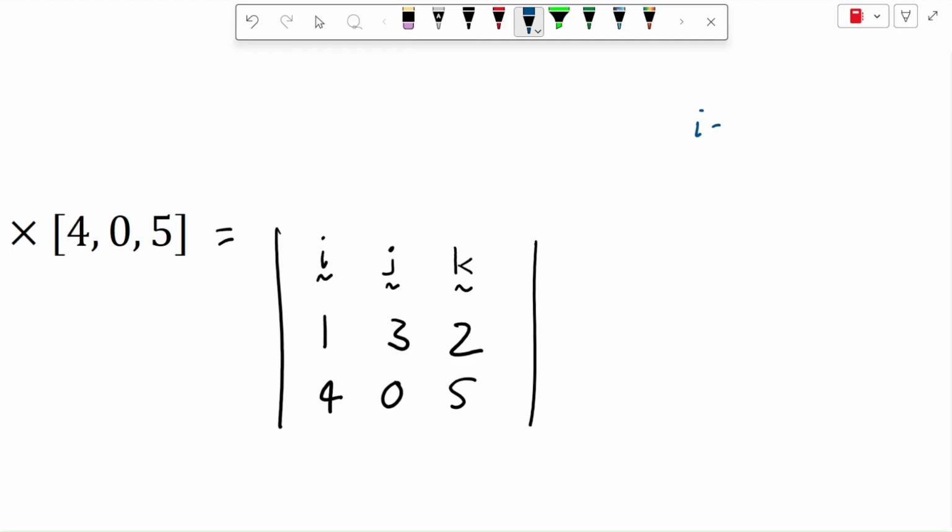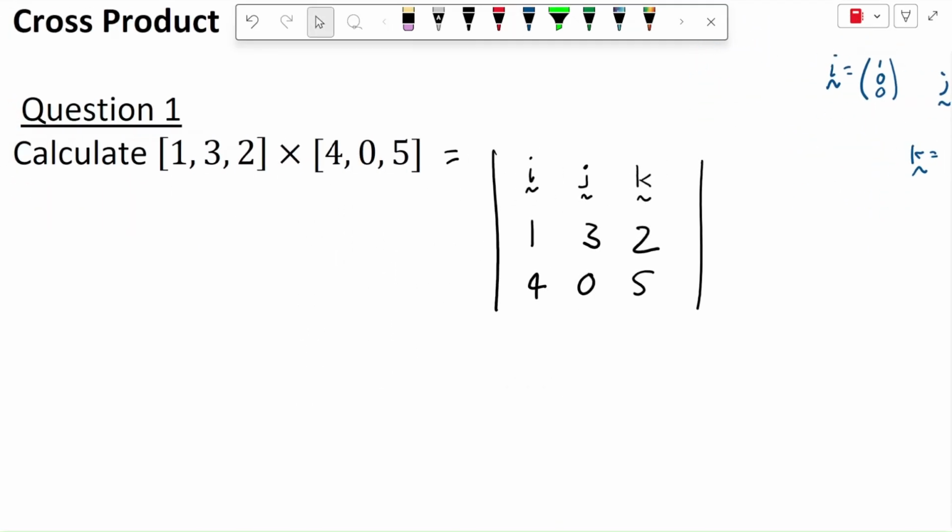Now, just as a little reminder, i is a vector which goes along the x-axis, j is a vector which goes along the y-axis, and k is a vector which goes along the z-axis. So those are your unit vector-y things. Now we can just work this out. With this cross product here, it's going to be i lots of the first determinant, 3, 2, 0, 5.